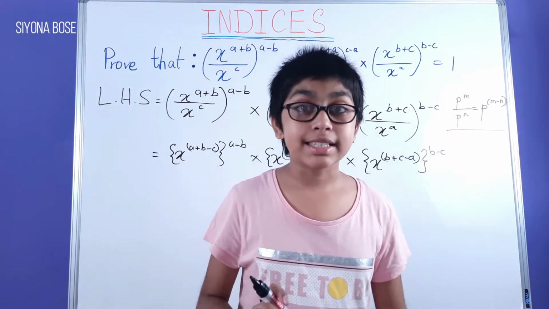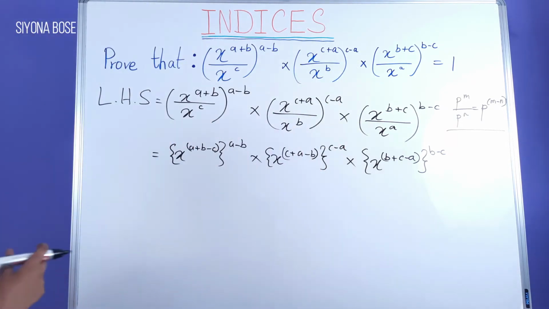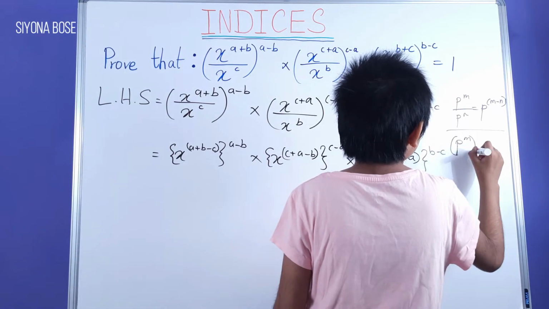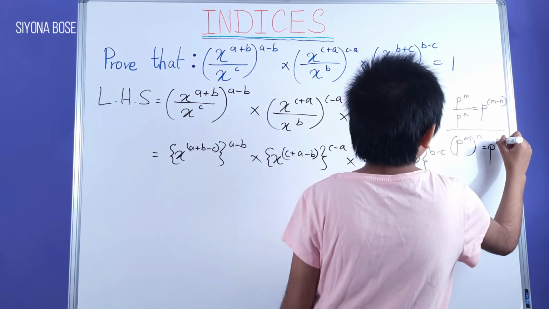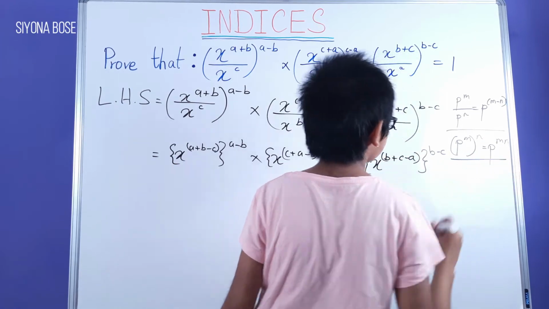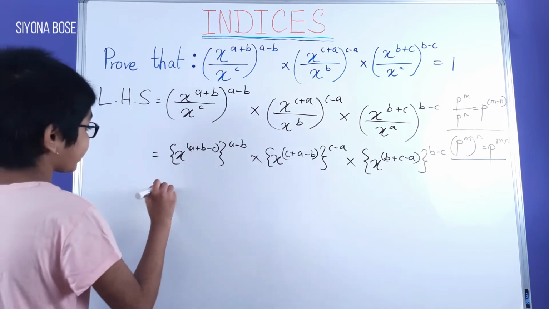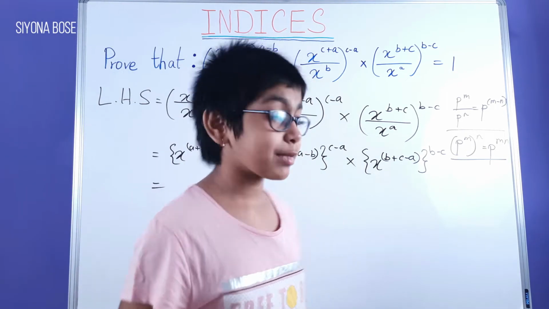Now that we got this, we can apply another property that (p^m)^n is equal to p^(mn). So here also we have to apply the same thing.